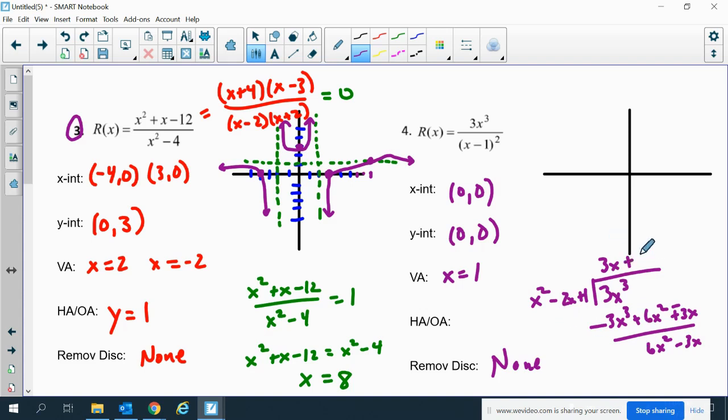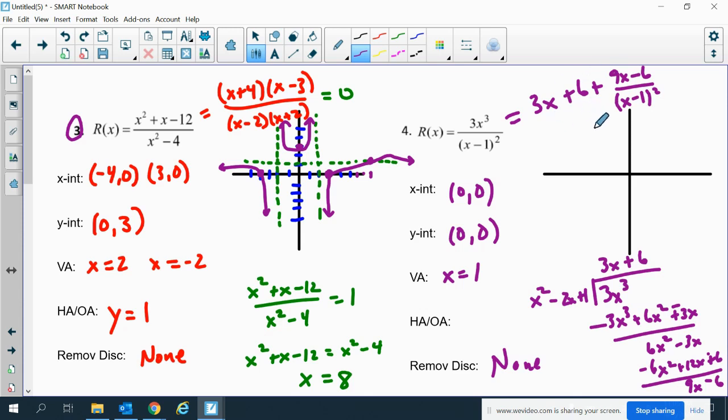So then I have a plus 6x squared minus 12x plus 6. Then I have to change the signs again, so I would end up with 9x plus 6 as my remainder. Oh, I'm sorry, 9x minus 6. That would be bad if I got that wrong. So this is the same thing as saying 3x plus 6 plus (9x minus 6) over (x minus 1) squared.